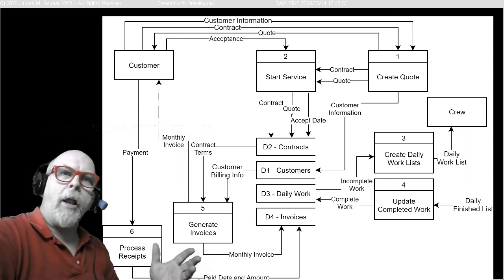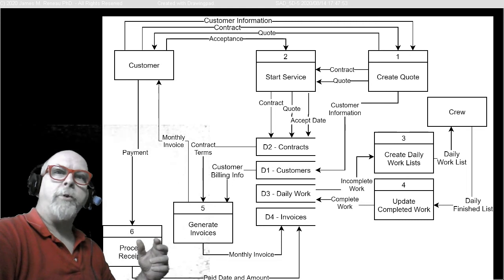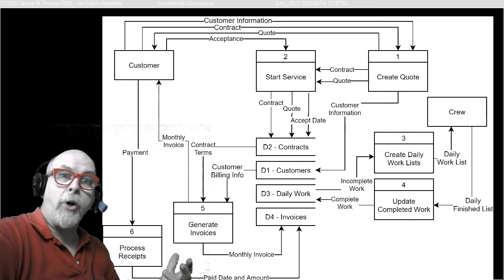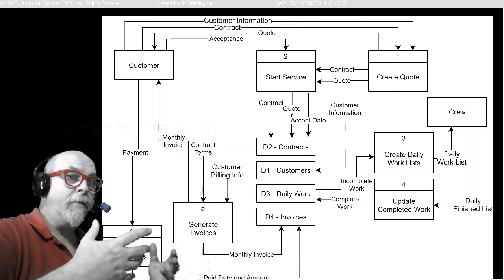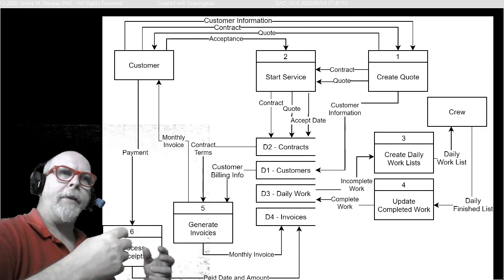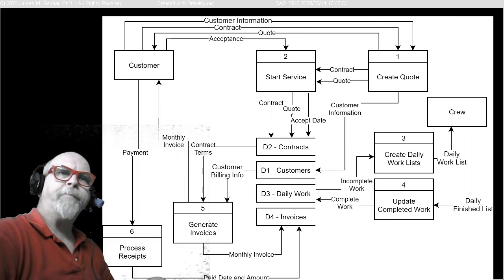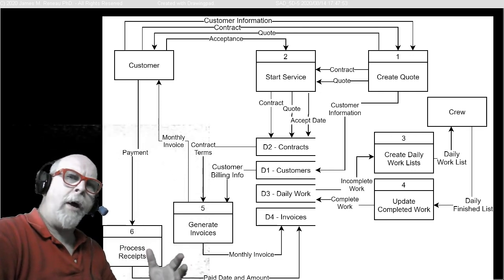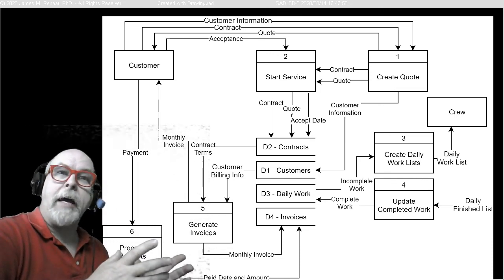I don't quite know what to call it. Generate daily work or generate contracts to work on. I don't know if it's going to need other data flowing into it. There could be a manager that would kick that off. I don't know, but I think that there's something missing from this diagram.